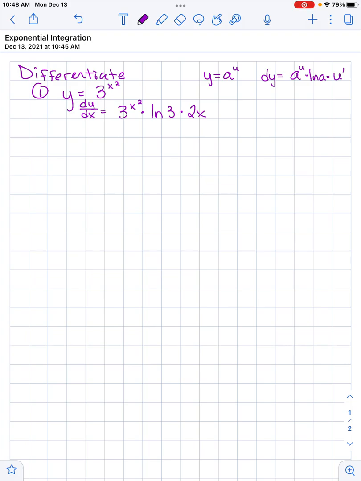Now I want to show you how important these three parts are, because these three parts were the derivative of this original function. So when it comes time to work this backwards, I'm going to have to think about where we began. I should probably put parentheses around that because that looks funny.